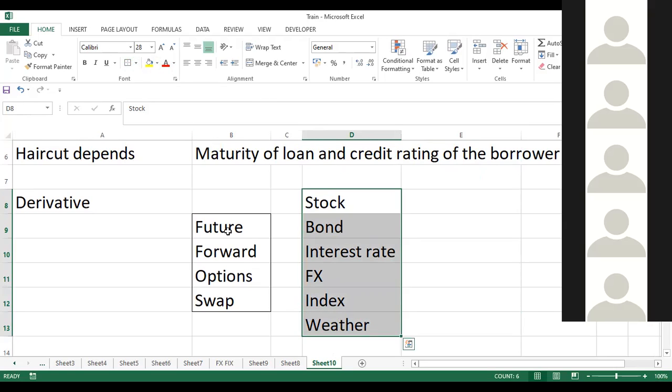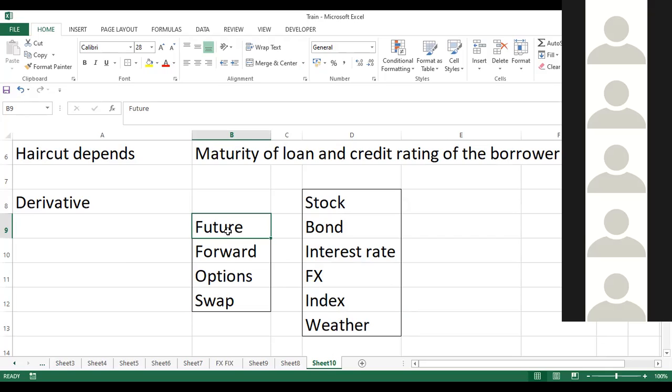But if you look at it broadly, there are only four derivatives. But these four are mixed in such a way that the permutations and combinations are many. We are largely focused on these four so that we have an idea how derivatives work. Once we understand it, then we jump onto a bit more complex one, which is equity swap.